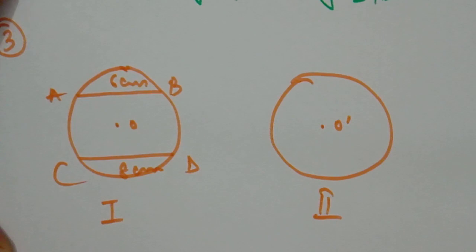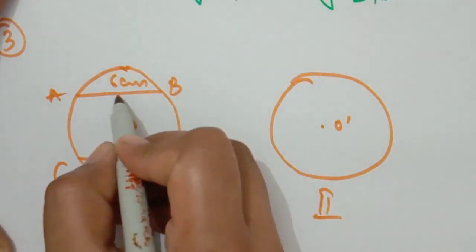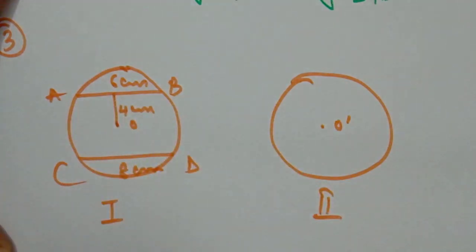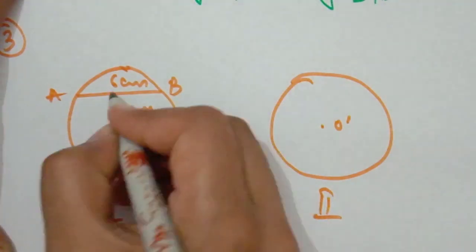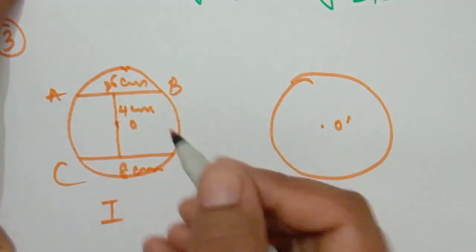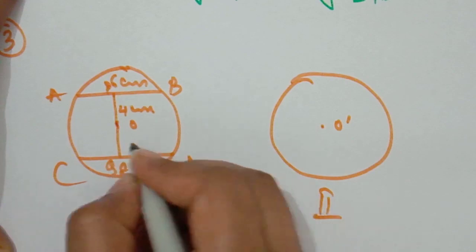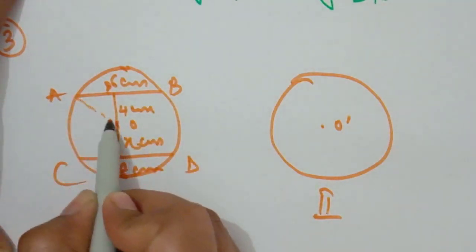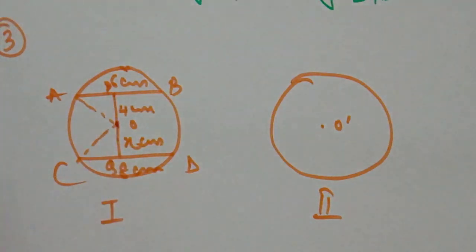And he said the smaller chord is at a distance of 4 cm from the center. The smaller one is AB. This 4 cm is given, and we have to find the distance of the other chord from the center. So OP is 4 cm, OQ is not given. We will let it be x centimeter, and we do not know the radius either.